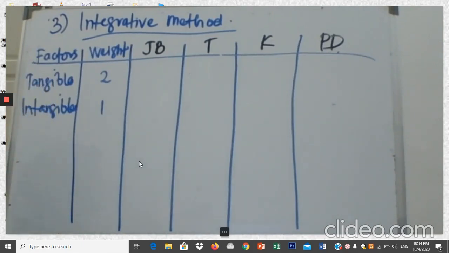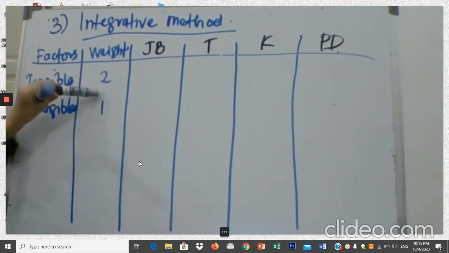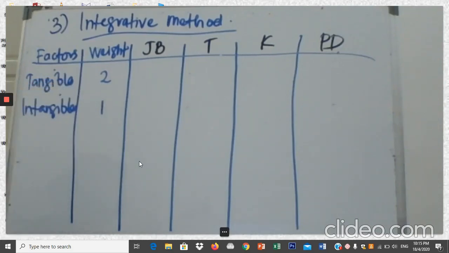Okay. So how to perform the integrative method? Because the integrative method is a combination of tangible and intangible factors, your calculation must show these two factors. So the factors that we are going to use are tangible and intangible, and what we have over here is the weight for these two factors.